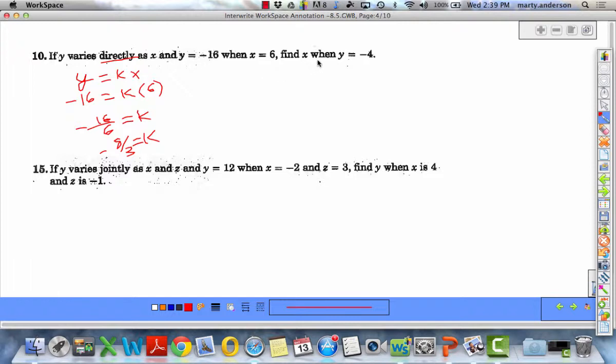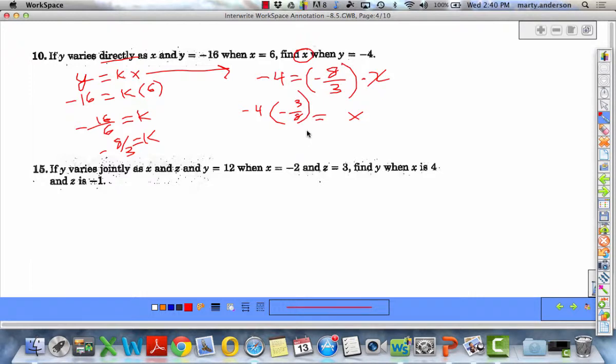Now I can solve any equation that says find x when y is -4. Take this over here, y is -4. I solved for k, -8/3 times x. So all I did was substitute in the value of y that they gave me and the k that I found. And now when we solve, x equals -4 times -3/8.